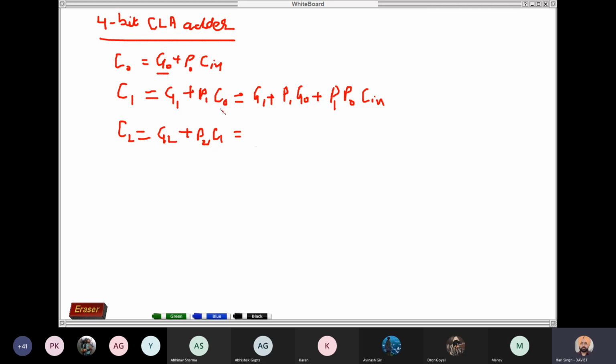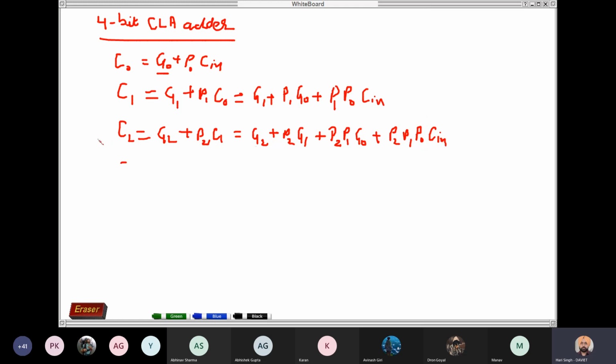Now put the value of C1, you will have G2 plus P2 G1 plus P2 P1 G0 plus P2 P1 P0 into Cin.